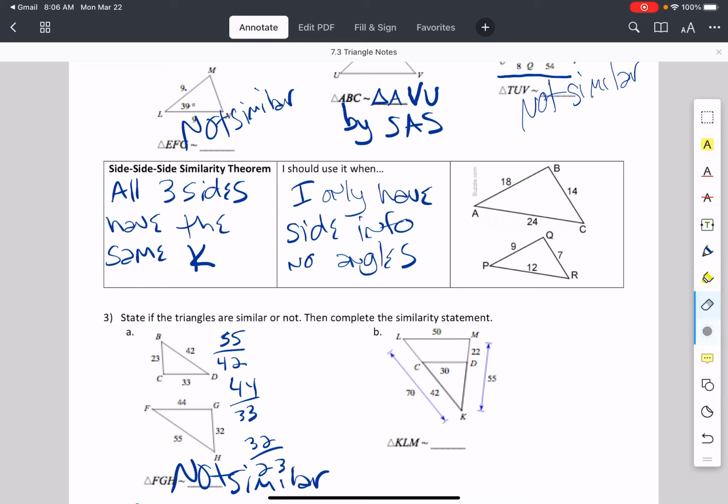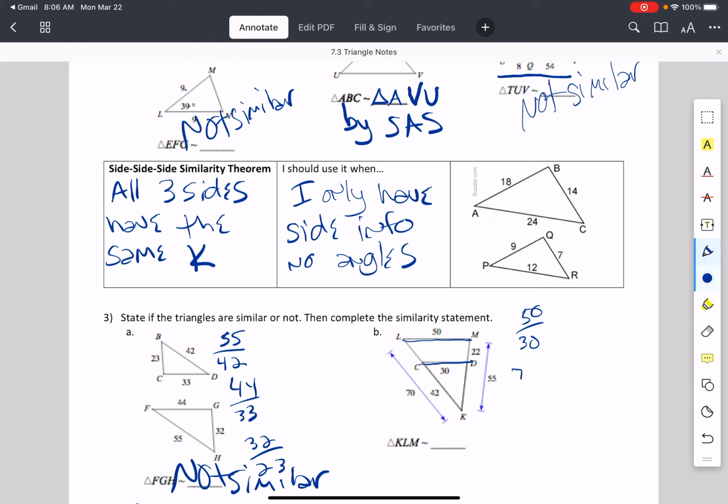Does that make sense, guys? Okay, so let's try another one. Careful on this one. I'm going to do 50 divided by 30, because that's a side on the bigger triangle and a side on the littler one.